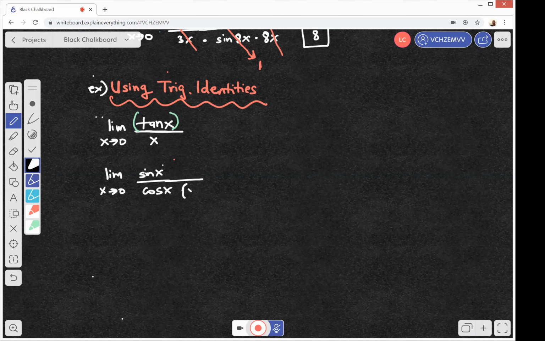Now, there is a match, sine x over x. Remember that as x approaches 0, this becomes 1. But we are still left with a cosine on the denominator. So you have the limit as x approaches 0 of 1 over cosine x.